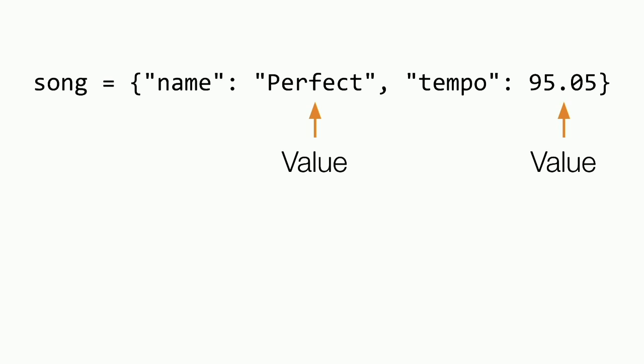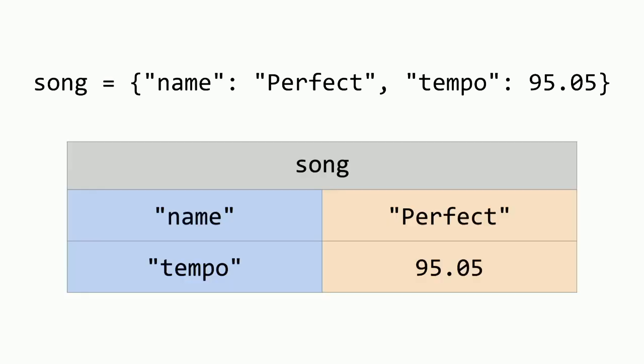And so for this song example, we have a dictionary called song, and it has the key name associated with a string called perfect, and then the key tempo associated with 95.05. Okay, so we can kind of visualize it like this, where we have our keys on the left associated with the values we have on the right.